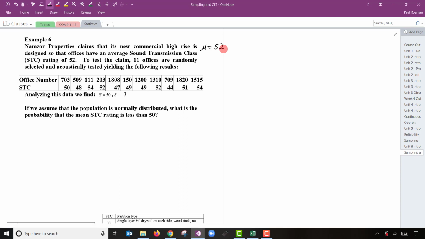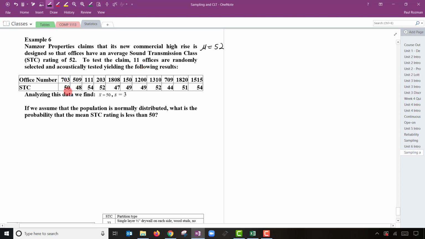You're negotiating a lease for them, and you want to rent out some space, and you don't believe that they're as quiet as they say. You think they're saying it's better than it actually is. To test the claim, you get the keys to 11 offices, and you go and measure the sound transmission class, however that is done.